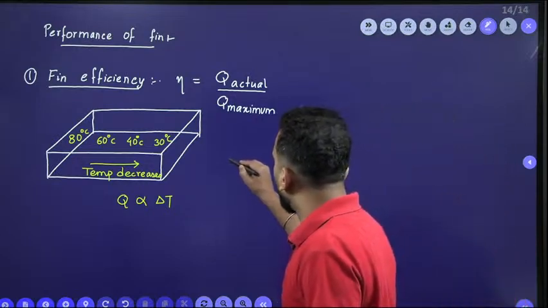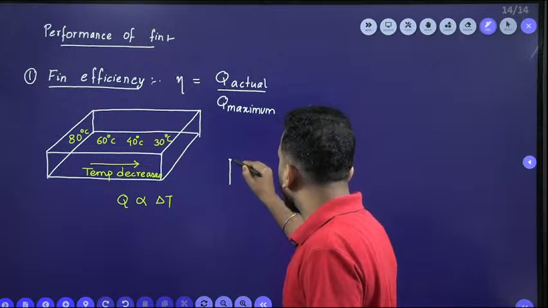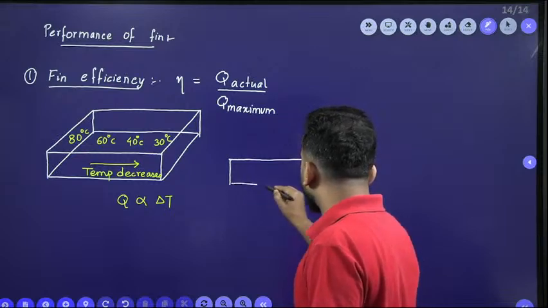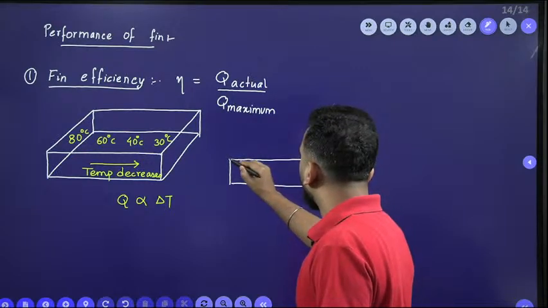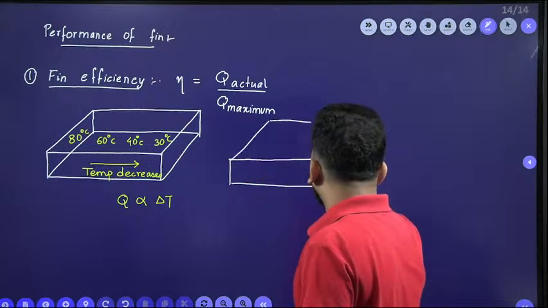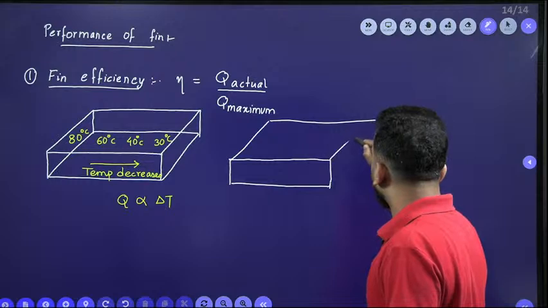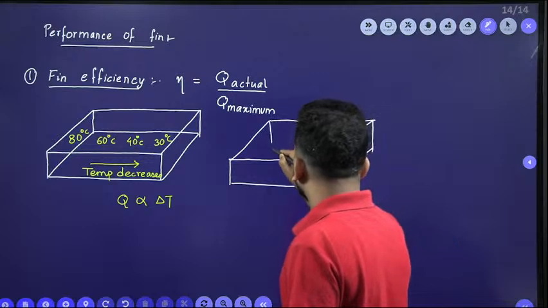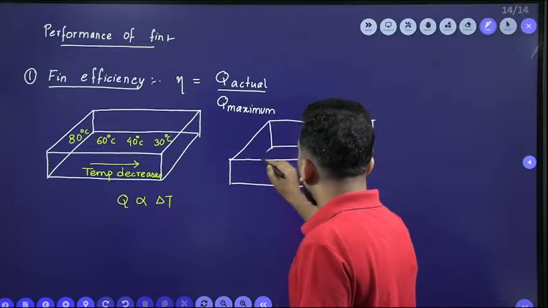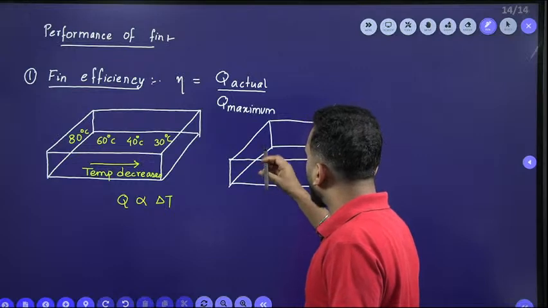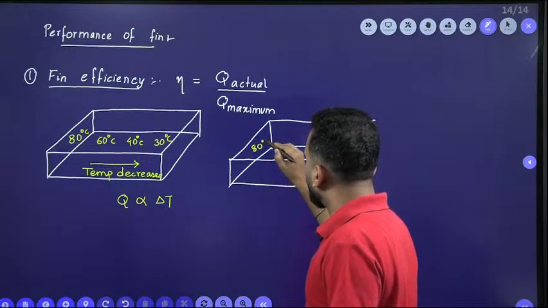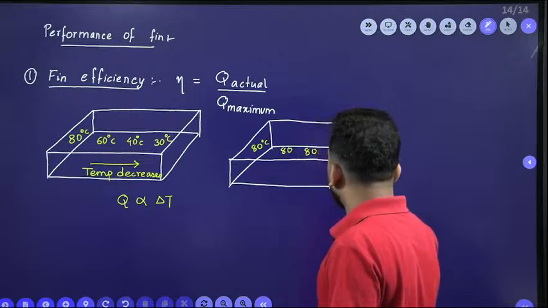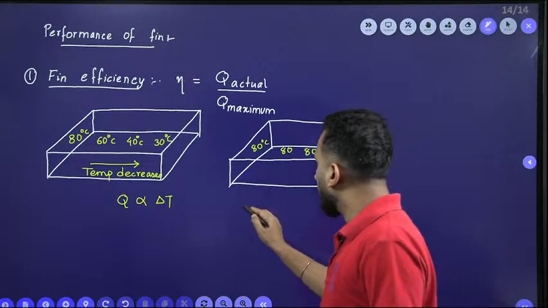So, now imagine a situation where throughout the fin I am maintaining 80 degrees centigrade. Throughout the fin, 80, 80, 80, 80, 80. So what is the Q?